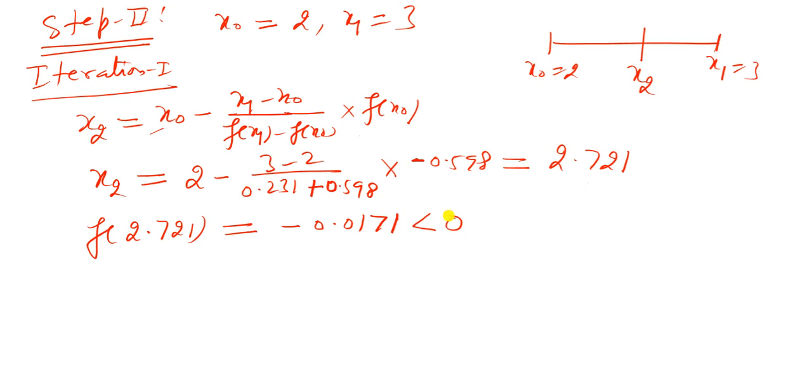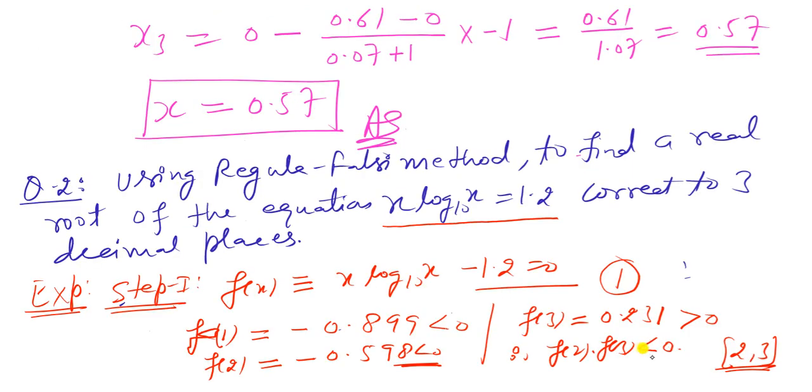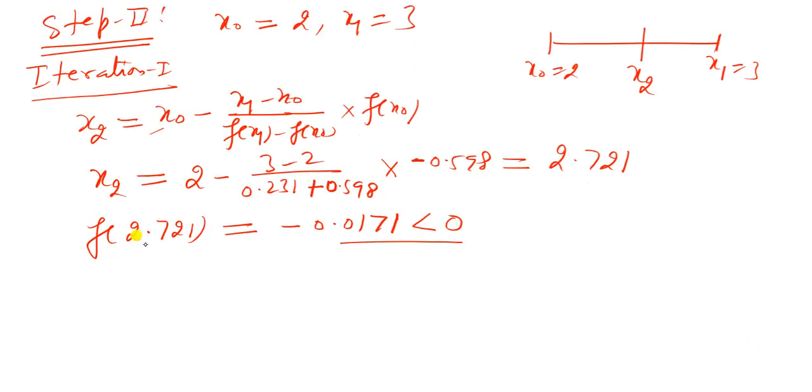So this is negative, and in the previous step this one is positive. So the root is lying between 2.721 and 3. In that case, f of 2.721 into f of 3 is less than 0.